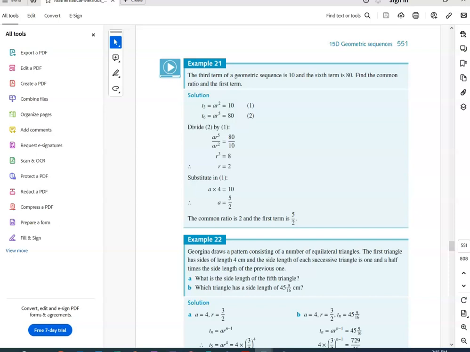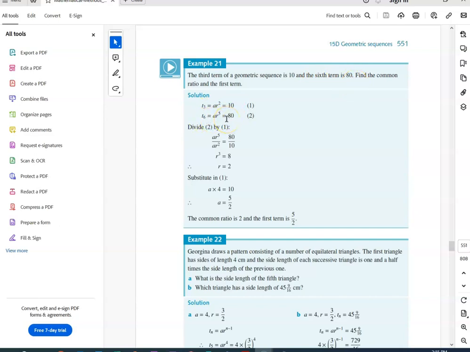Here's a lovely example. So it's just right at the start of all of the questions. We've got the third term, so T3 equals 10, agreed? And then the sixth term is 80, T6 equals 80.